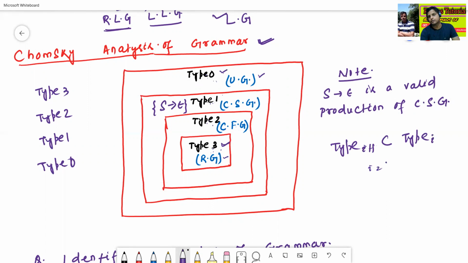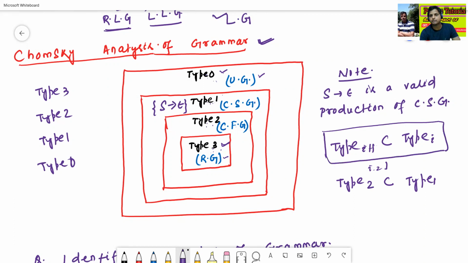Suppose i equals 1, then type 1+1, meaning type 2, is a subset of type 1. So type i+1 is always a subset of type i.